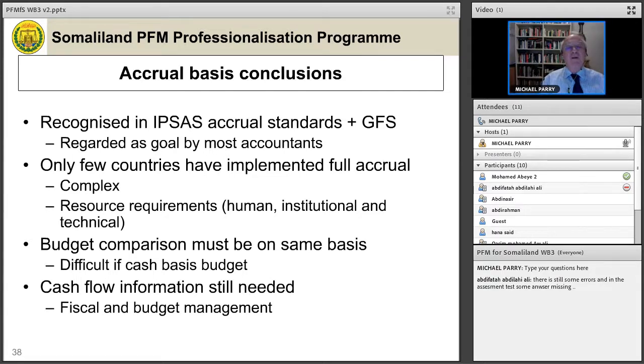And you will find that although quite a number of countries claim to have accrual accounting, when you examine them in detail, you find that they've only partially implemented it. For good reason. Accrual accounting is complex and you need substantial resources to implement it. Human resources, trained staff, institutional support, and also technical resources. You need good accounting systems.